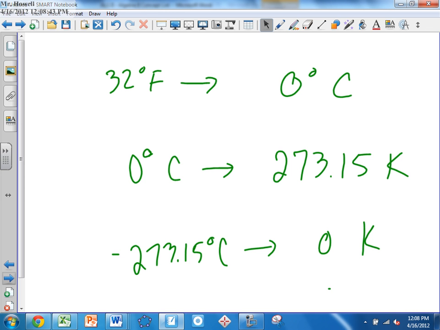A refrigerator works because its temperature is less than the object you're putting in. Think about it logically. A refrigerator works because its temperature currently inside of it is less than whatever you're putting in. That's what cools it off. How do I get something less than this if this is the limit? To get to 0 Kelvin, I would need something colder than 0 Kelvin to cool it down. But I can't have something colder than 0 Kelvin because this is the lowest temperature possible. So by default, I actually can't ever get here.